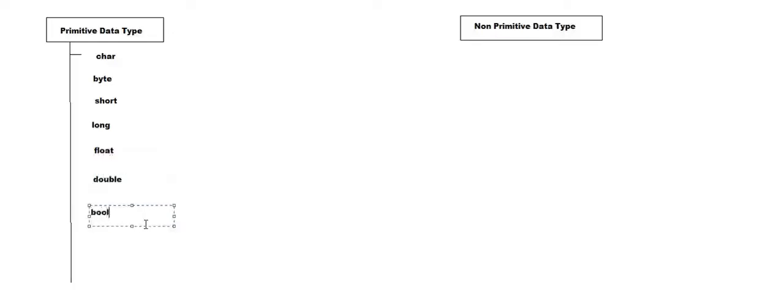Okay, so these are the 8 data types. I think we forgot int here. I will add int here, no need to worry. So these are the 8 primitive, or basic, data types.